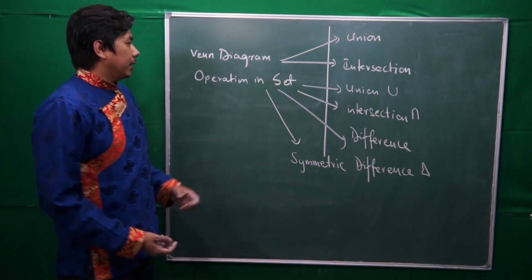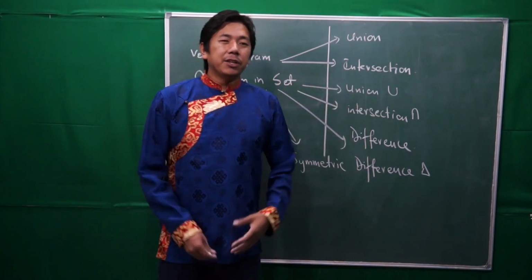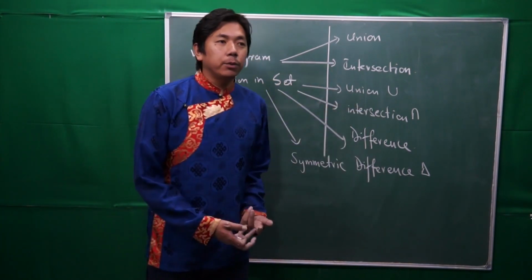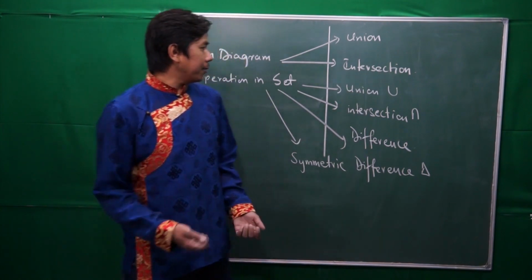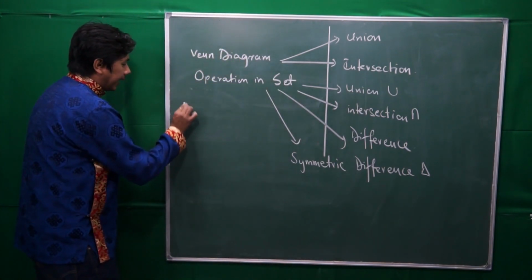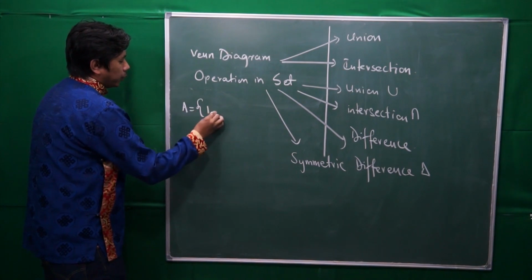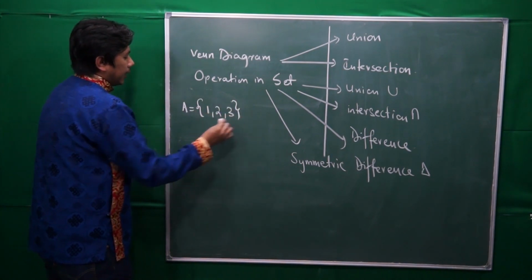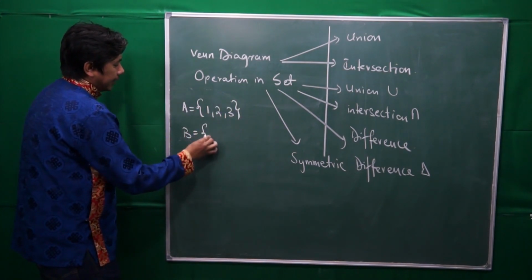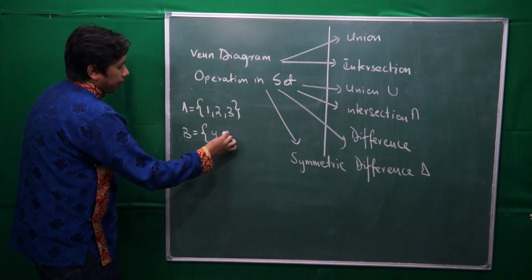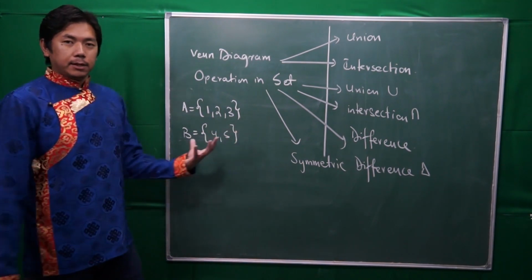That being said, in the case of intersection, not every pair of sets would overlap. By that I mean, for example, I have a set A that has elements 1, 2, 3, and a set B that has elements, say, 4, 5. Clear?